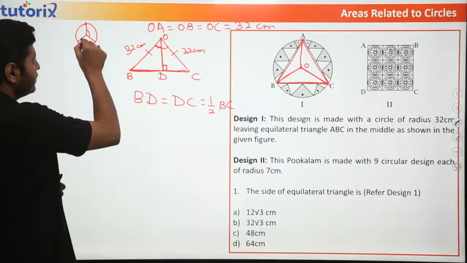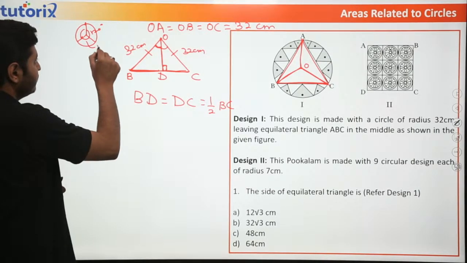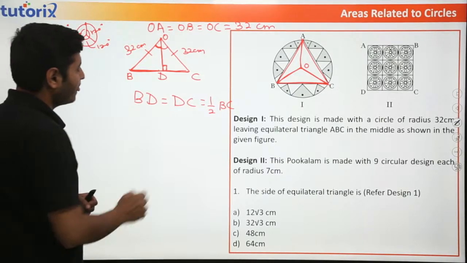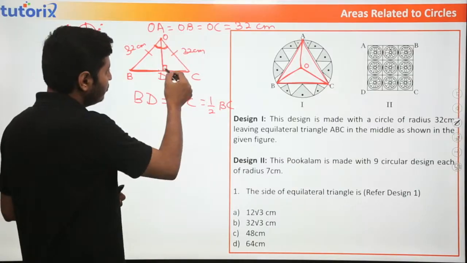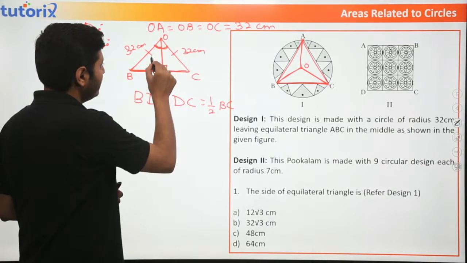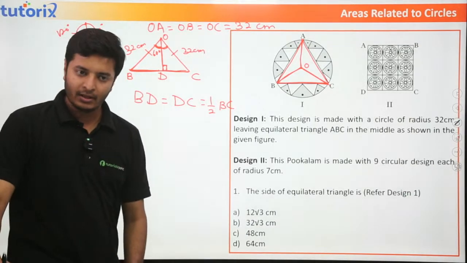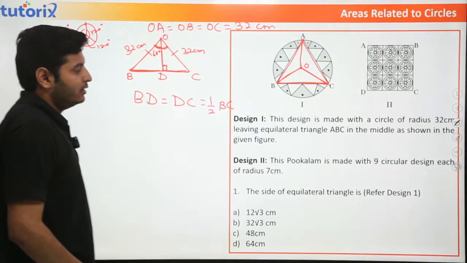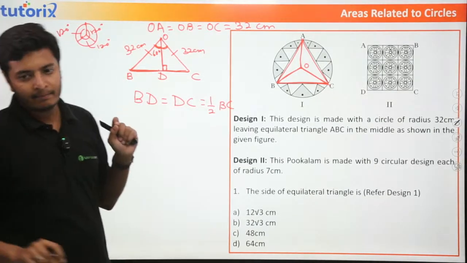So every part is 120 degree. 120 degree, 120 degree, this is also 120 degree. So this whole is 120 degree, but I told you OD is bisecting the angle also. So this angle alone is 60 degree, exactly 60. Now I can apply the logic of trigonometry here to find the length of BD.